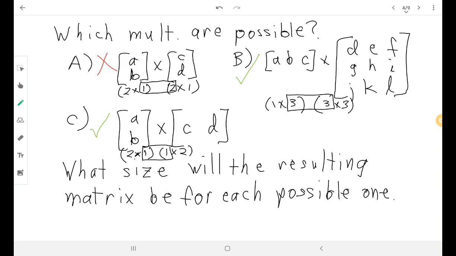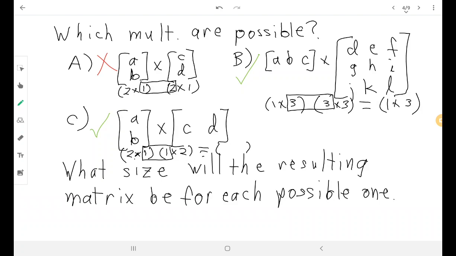Now, let's go back to B and answer the question, what would the dimensions of the resulting matrix be? What is the size of that resulting matrix? And for that, you just look at the outer ones. So I'm going to make a new matrix, and the first outer number is 1, the second outer number is 3. So it's going to be a 1 by 3 matrix. For C, same thing.